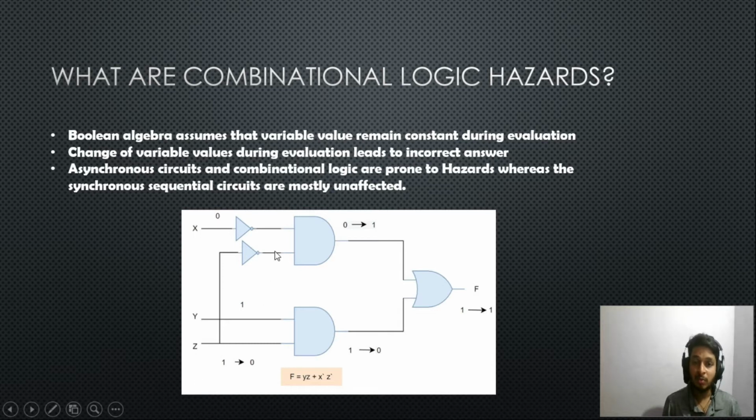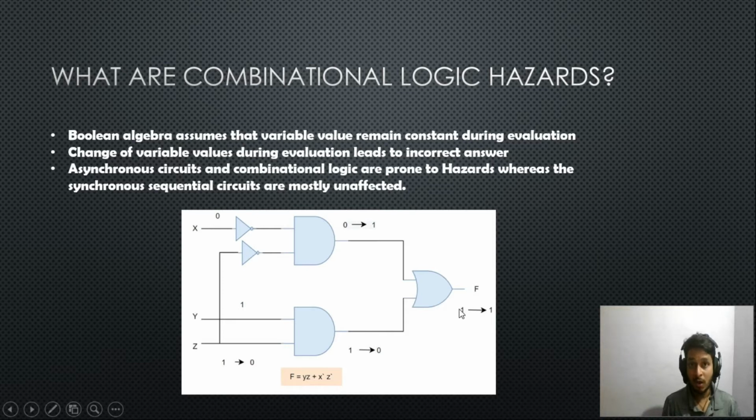So the output of this is 0, and this is 1, so the output of this is anyway 0. That's what is written over here. Now this is 1 and this is also 1, so the output of this AND gate is 1.